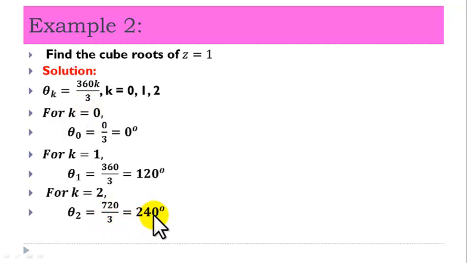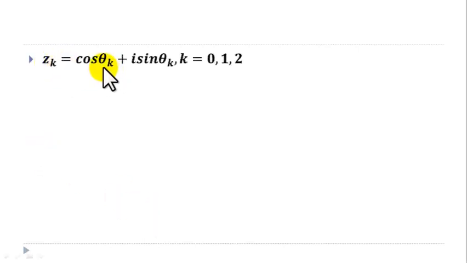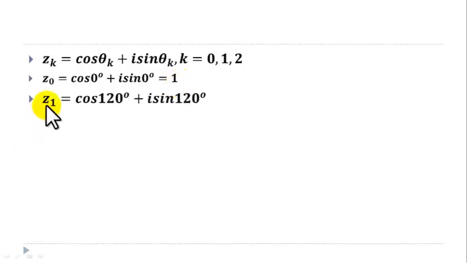So therefore, the cube root of unity are zk equals cos theta k plus i sin theta k for k equals 0, 1, and 2. Now for k equals 0, we have z0 equals cos 0 degrees plus i sin 0 degrees. Cos 0 is 1, sin 0 is 0, so this is equal to 1. For k equals 1, we have z1 equals cos 120 degrees plus i sin 120 degrees. 120 degrees is in the second quadrant.